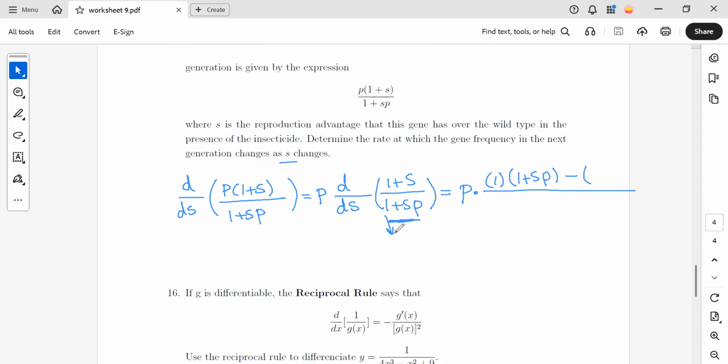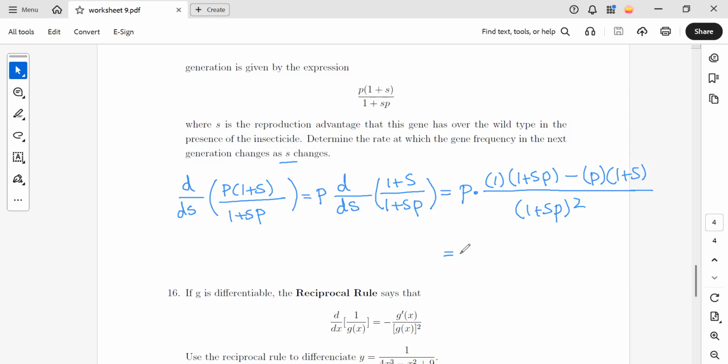We know that the derivative of 1 is 0, and the derivative of this part with respect to S is P, times 1 plus S all over 1 plus SP squared. We can simplify somehow.